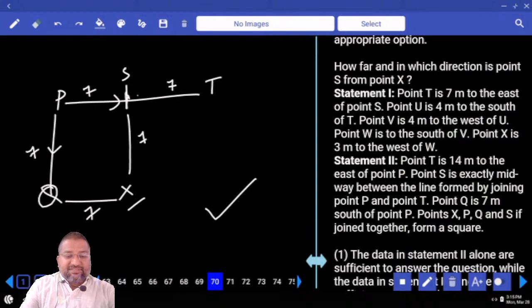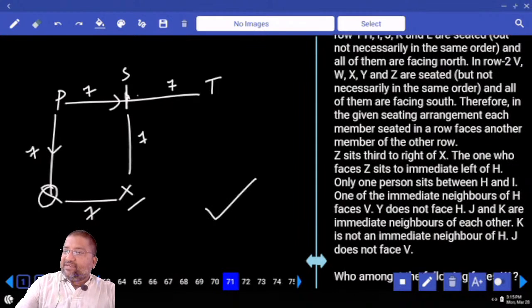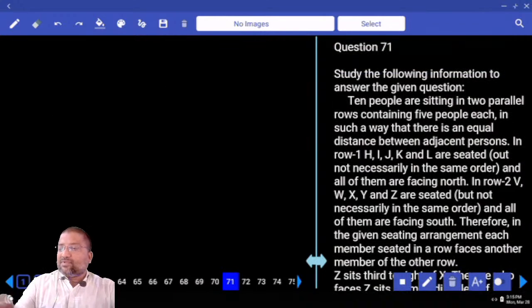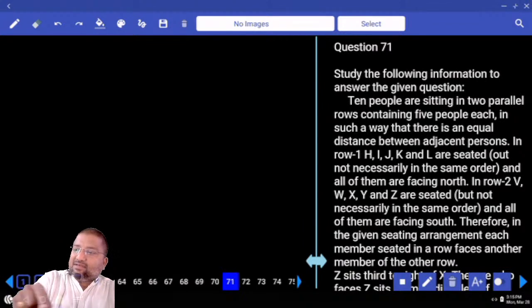Data sufficiency. 71 to 75, these are the questions which are based on seating arrangement. 10 people are sitting in two parallel rows containing 5 people each in such a way that there is equal distance between adjacent persons. In row 1, H, I, J, K, L are seated and all of them are facing north.